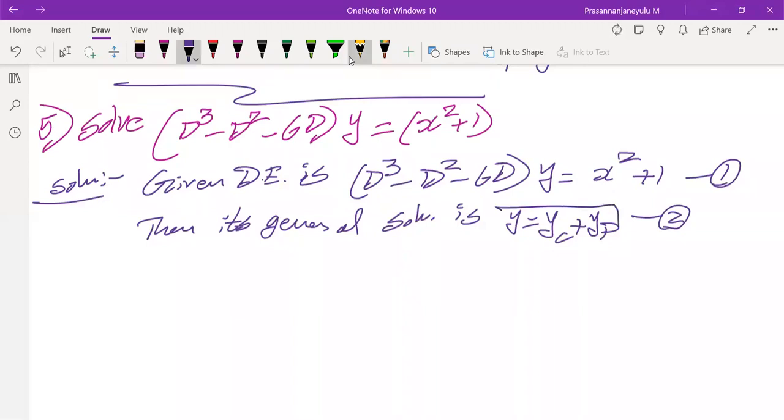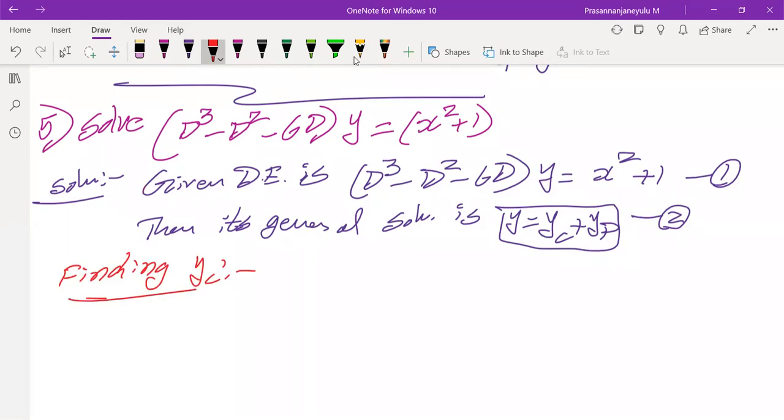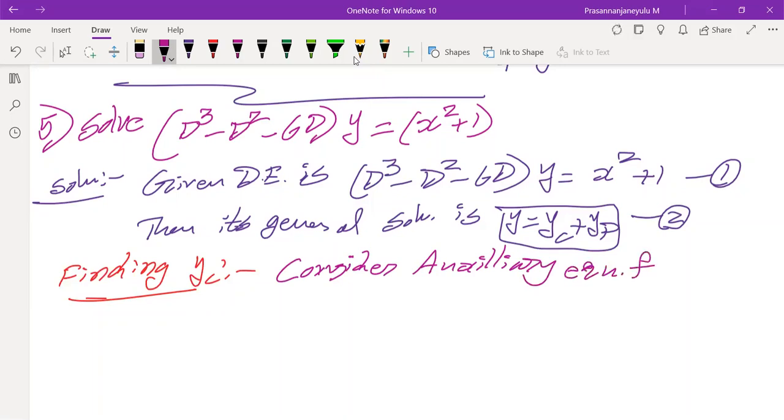Now finding yc. For finding yc, we need to consider the auxiliary equation, f of m equals 0.